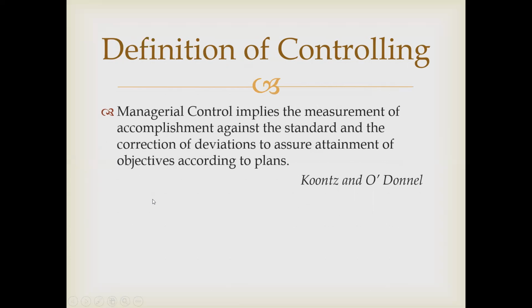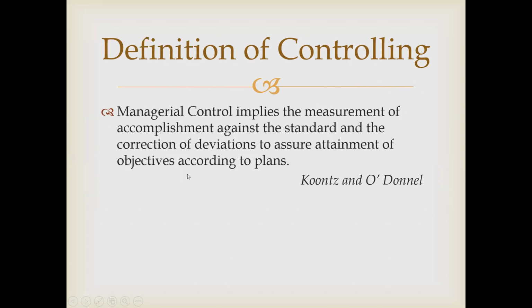Following is the definition of controlling given by Koontz and O'Donnell. Managerial control implies the measurement of accomplishment against the standard and the correction of deviations to assure attainment of objectives according to plans.